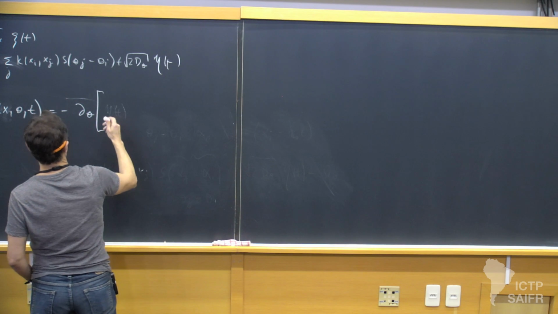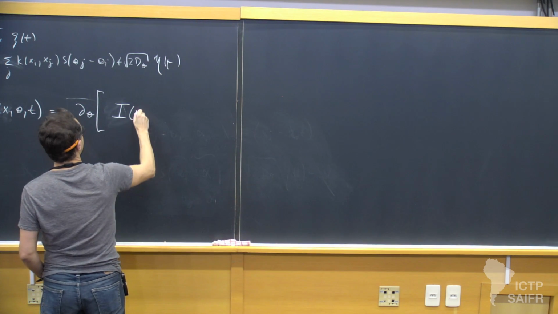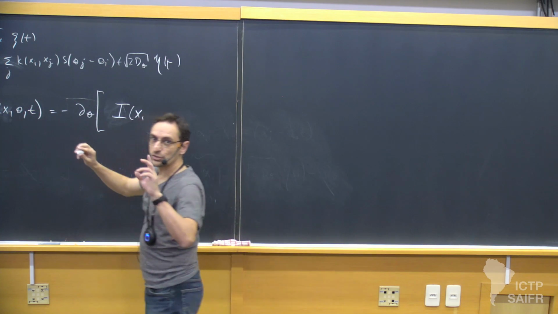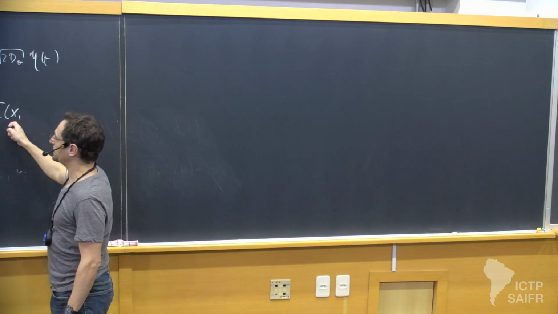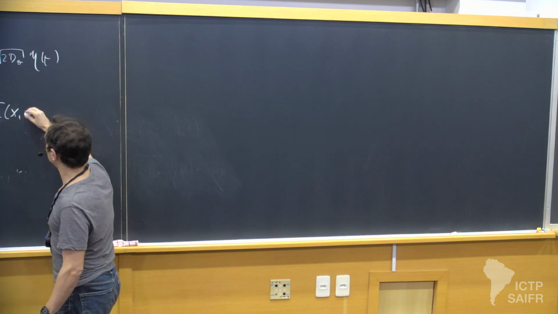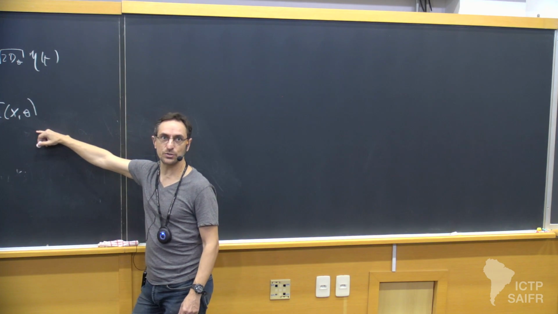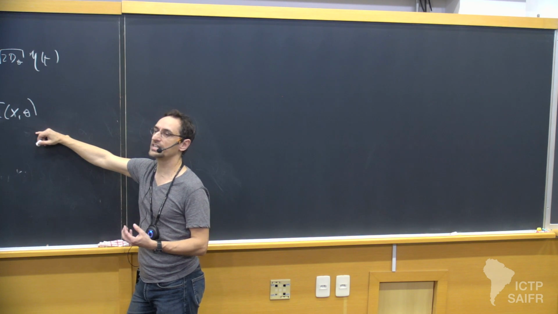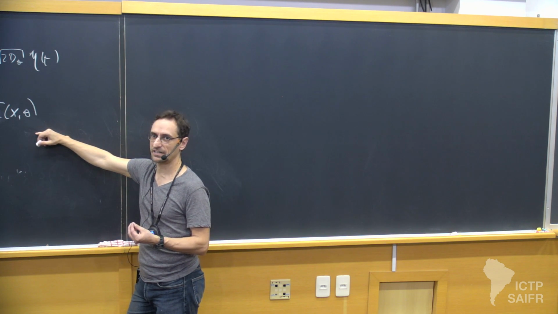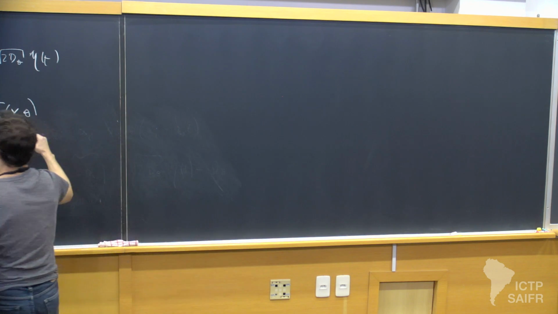This is going to be interpreted as an average torque felt by a particle at position x with orientation theta. What I'm doing here is a step toward a nonlinear Fokker-Planck. I'm doing a mean field here. There will be an approximation, which is going to come later.